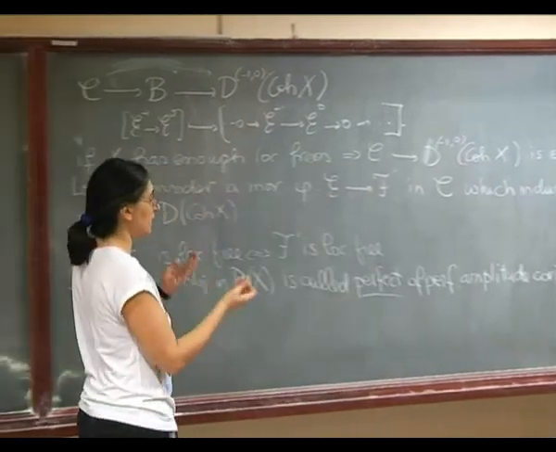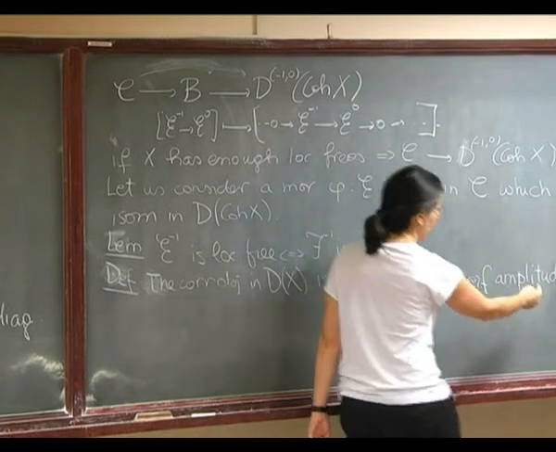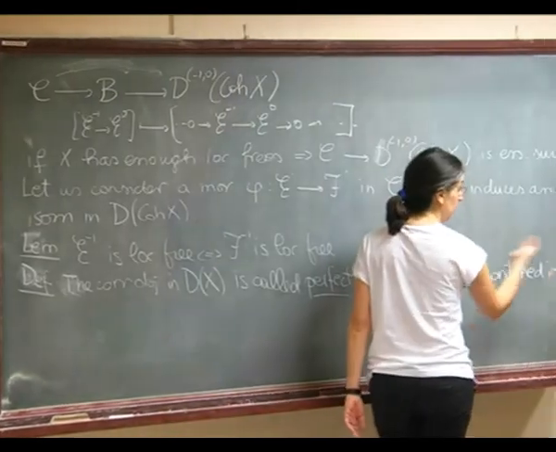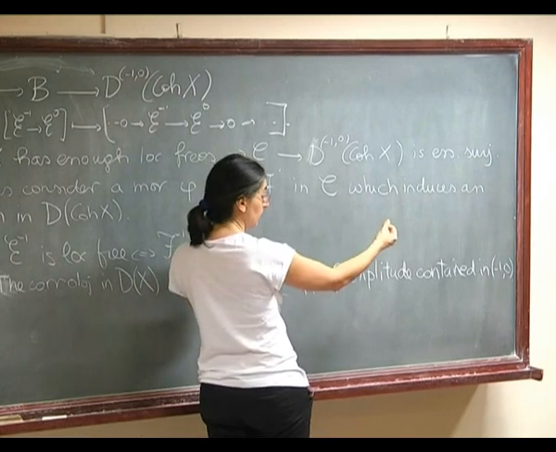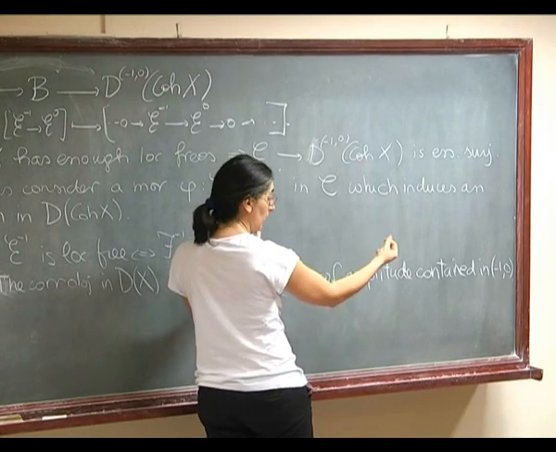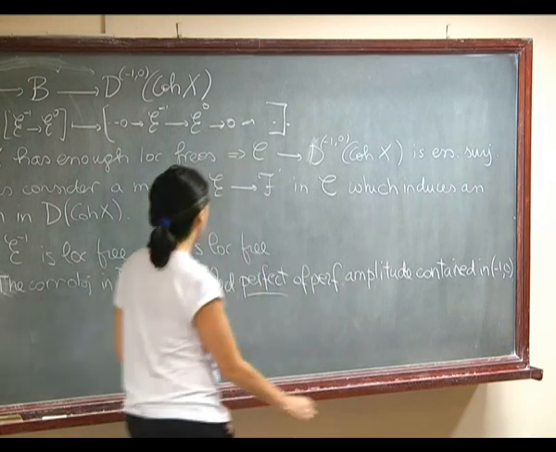Of course, there is a more general definition, perfect of perfect amplitude contained in [a, b]. It means that it is locally isomorphic to a sequence of locally frees in degrees a to b, and everything else is 0.